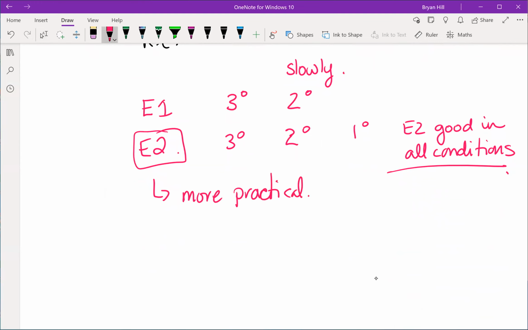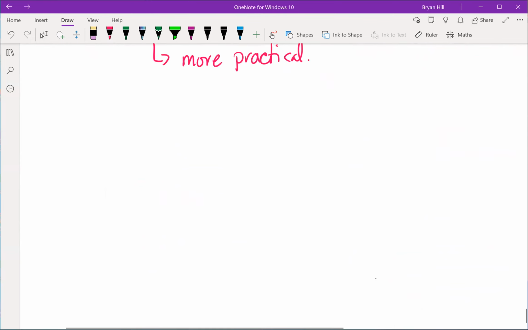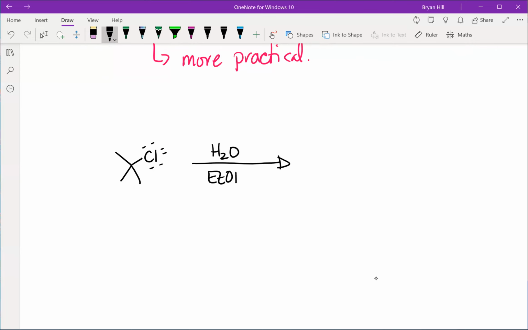Now I've got some data which would sort of show this. So in the previous example, let's say we have tert-butyl chloride, and we heat this up in a water ethanol mixture. This would be interesting.